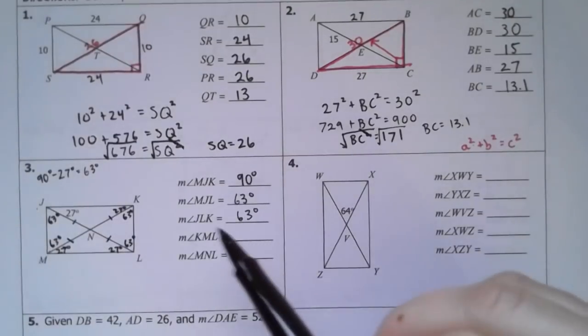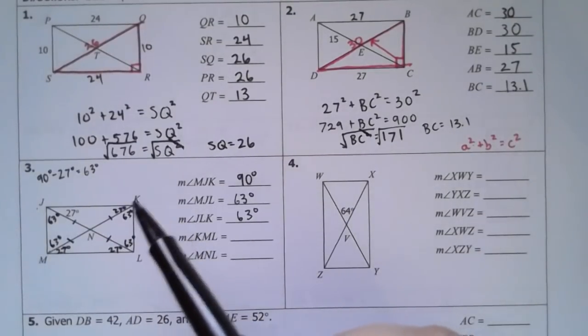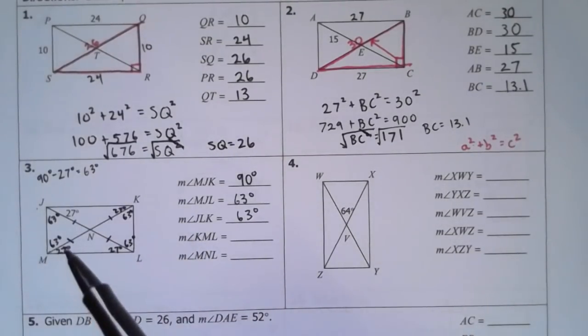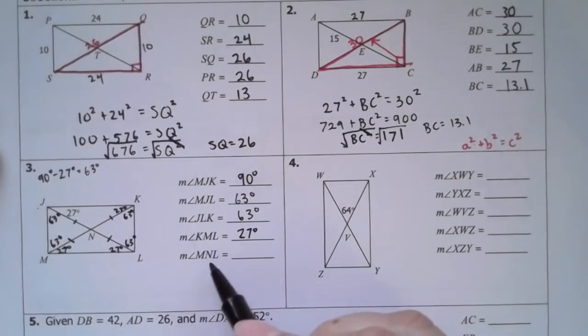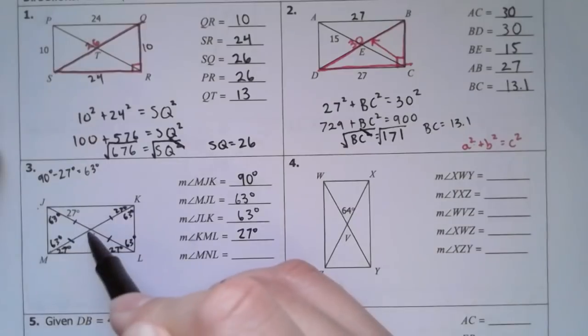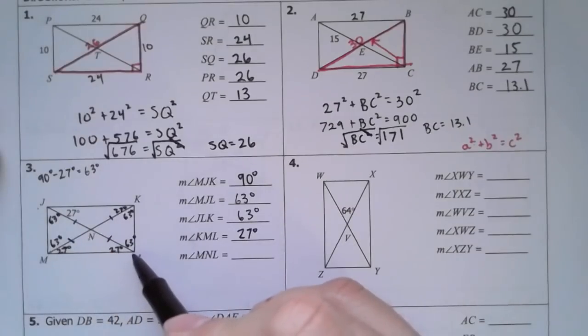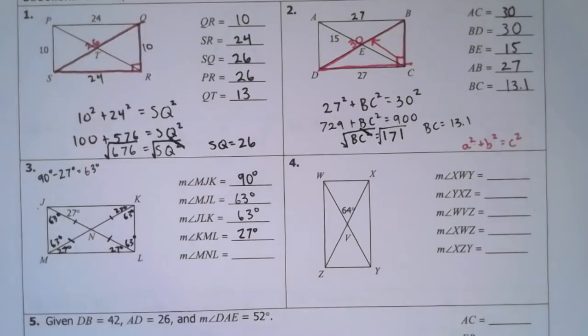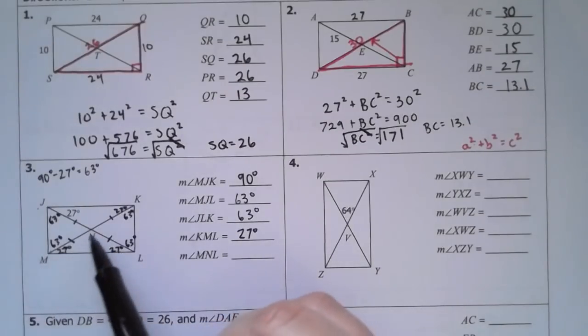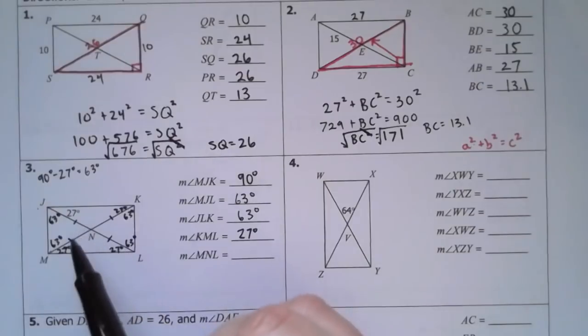So KML, here's KML, we already know it's 27 degrees. And then MNL, here's MNL. That's this center angle here. How do we figure what that is? Looking at triangle MNL, we know that the interior angles of all triangles add up to 180.